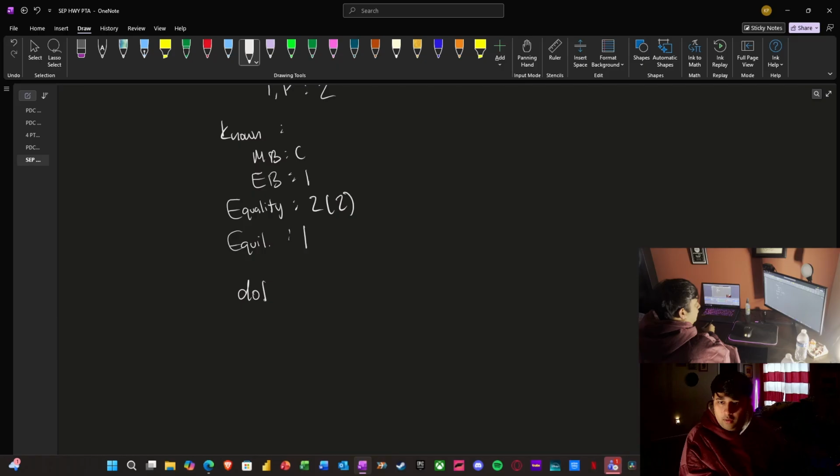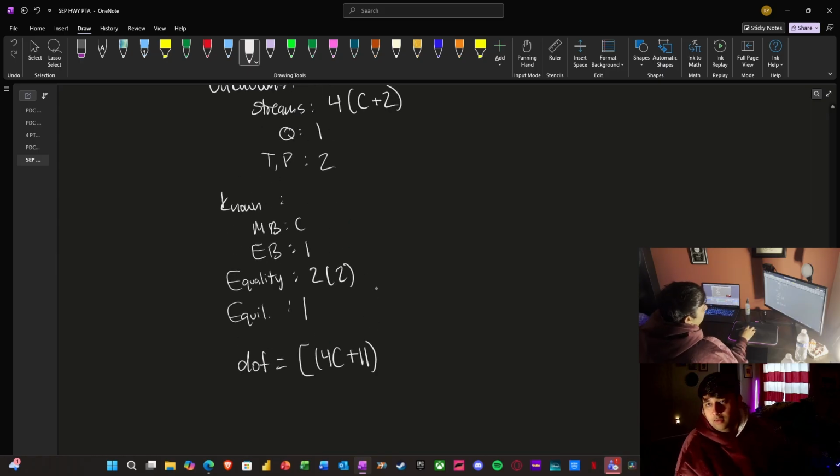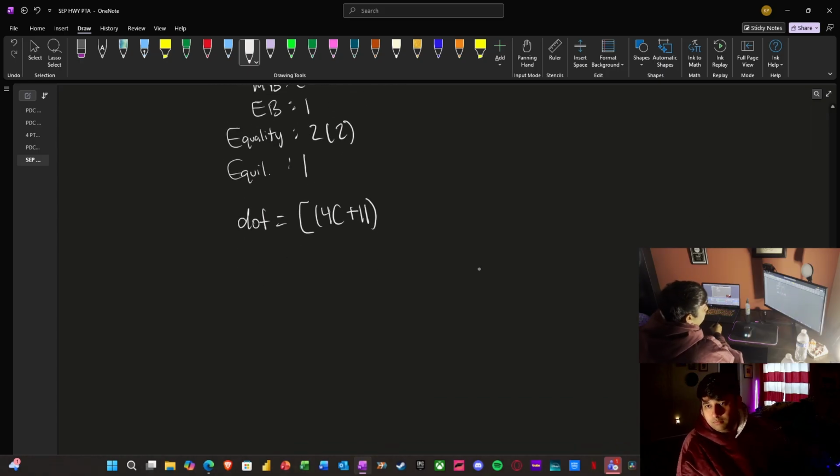So our degrees of freedom, we are left with 4C plus 11 minus 2C plus 5.